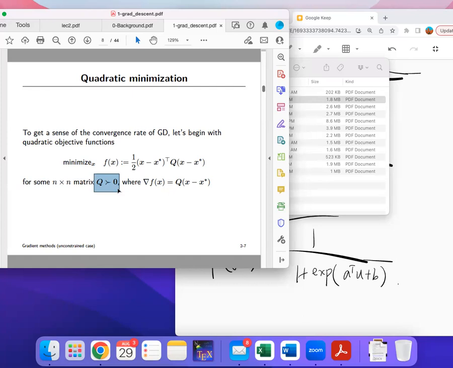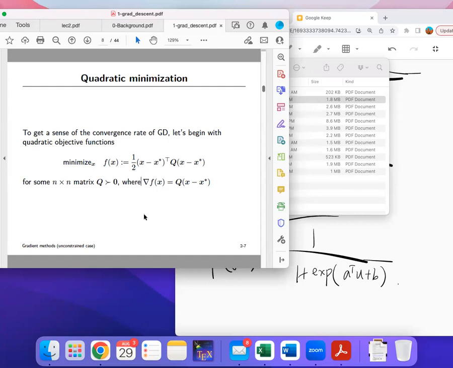The gradient for this function is given by Q times (x minus x star), very similar to the one-dimensional derivative rule. What was x star again? x star is actually just a given constant.